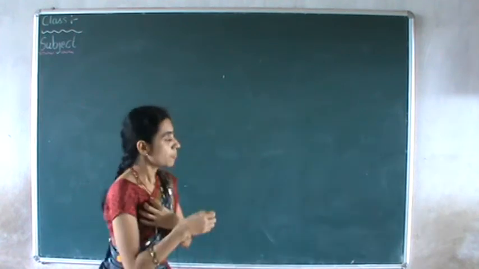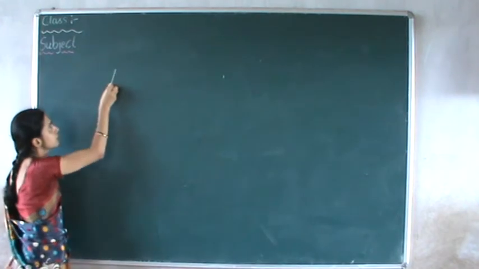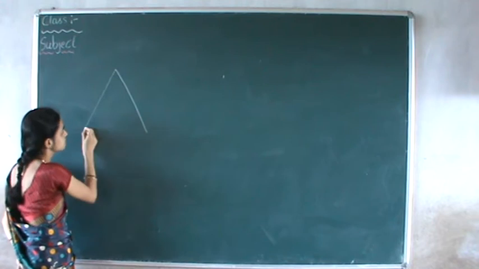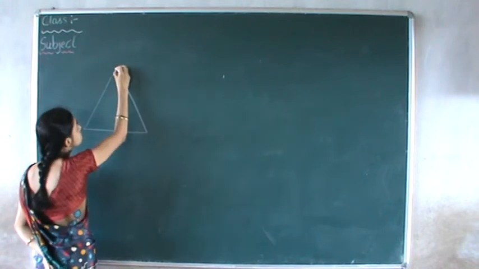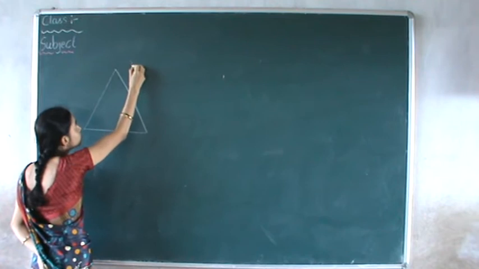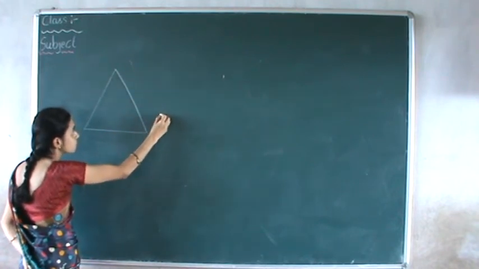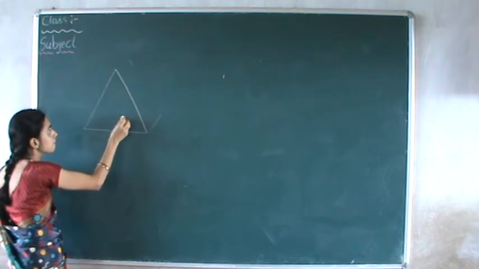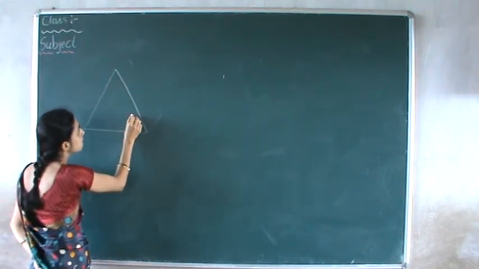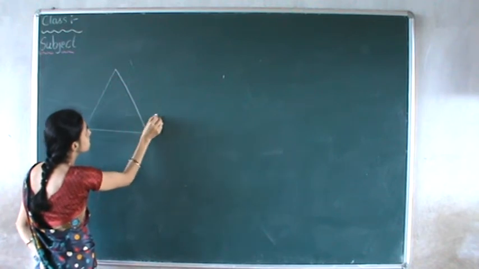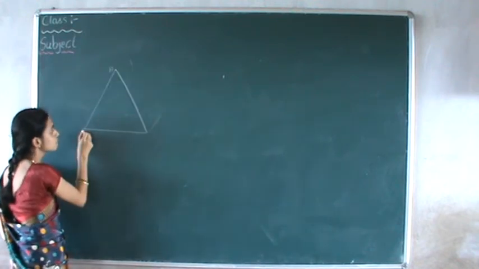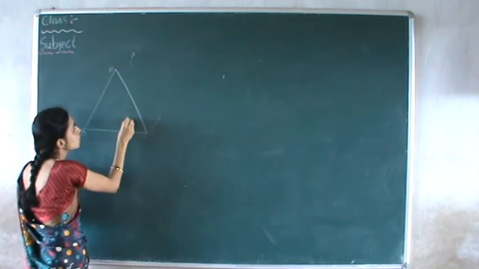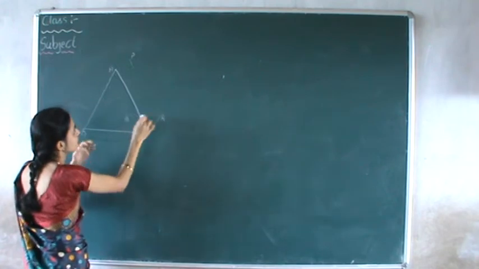So if it is a prism, A, B, C is one portion, P, Q, R is the other portion.